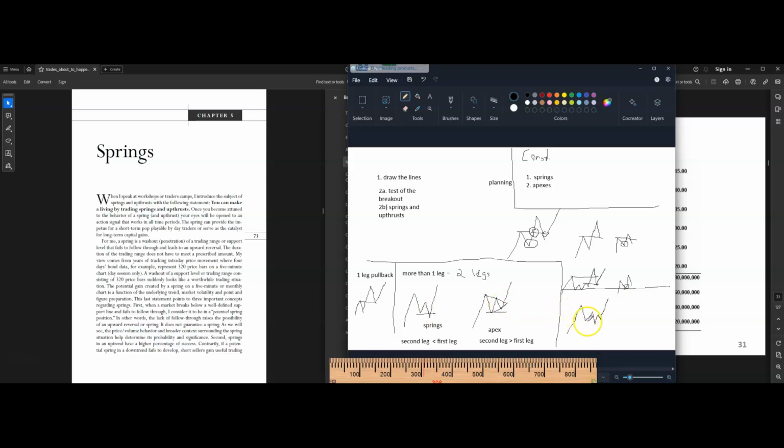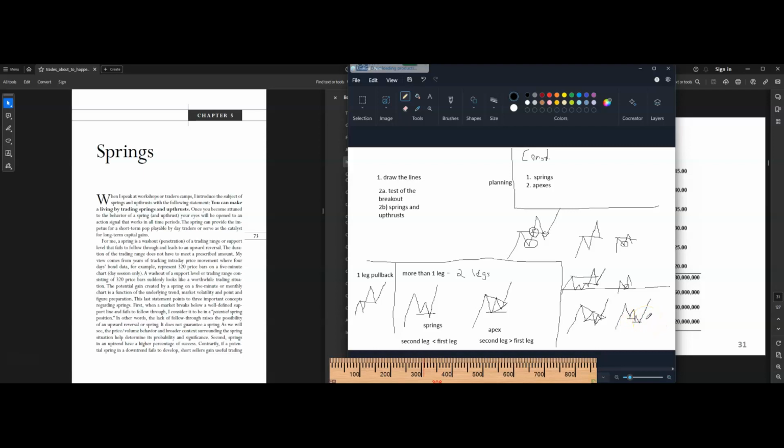Or it makes one more spring, which is nothing more than the scenario over here, the initial spring getting sprung again.